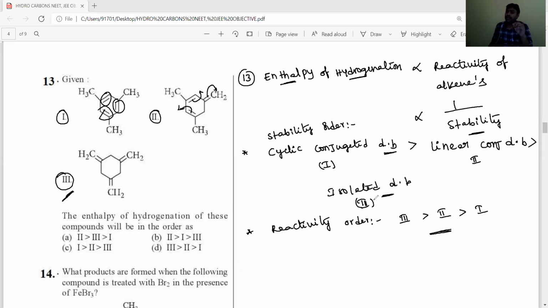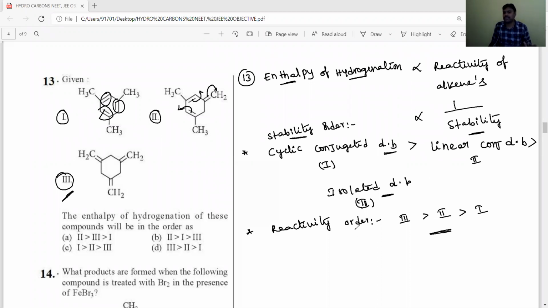When one double bond is present, we can explain stability using hyperconjugation. But when more than one double bond is present, that is called polyenes. In polyenes, stability depends on whether the double bonds are in a conjugation system and in a cyclic manner; these are more stable than linear conjugated, and then isolated double bonds. That is the stability order.